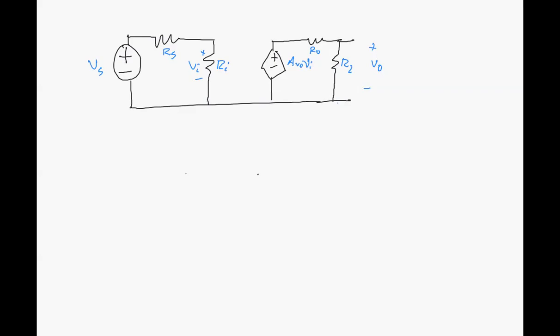If we've just got some voltage source and a load, so we'll call it a voltage source, and we have a source resistance, and we have a load, and then we have an output voltage.